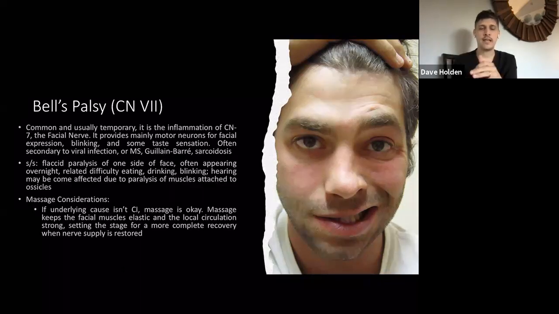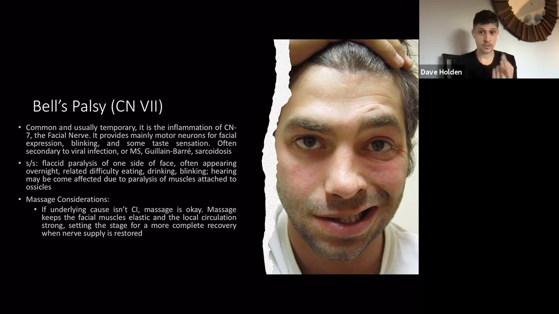Bell's palsy is an inflammation of the seventh cranial nerve, which is the facial nerve. This nerve provides mainly motor neurons, so movement for facial expression, blinking, things like that. Facial expression includes eyes and mouth, as well as a little bit of taste sensation. Often Bell's palsy is secondary to some kind of infection, possibly a viral infection.